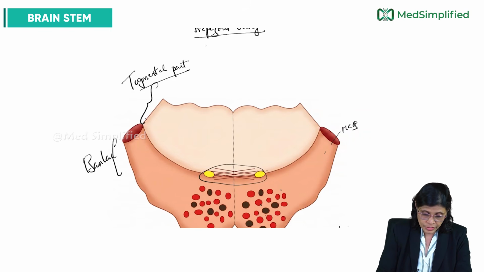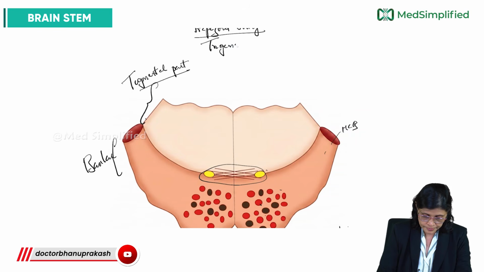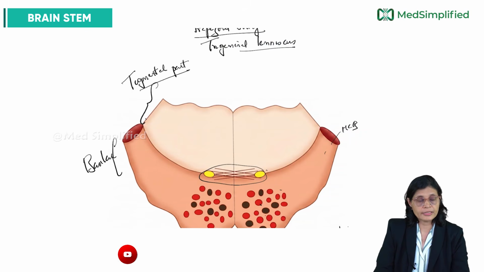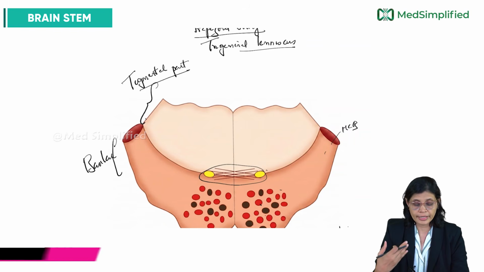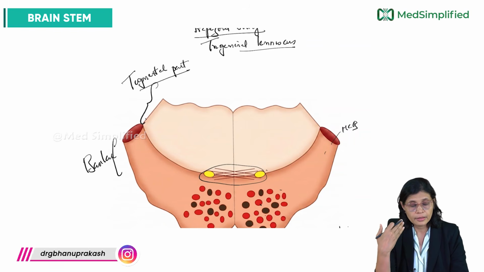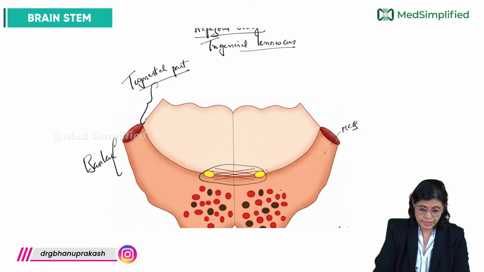Then we see the trigeminal lemniscus. It basically carries the fibers of second order sensory neurons from the contralateral spinal nucleus as well as the principal sensory nucleus of the trigeminal nerve.